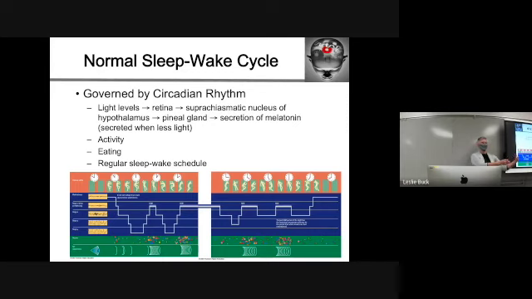You're supposed to break the fast by eating something first thing in the morning. If you get up in the morning and you don't eat anything, your circadian rhythm is like, I don't know. I'm not sure we're awake. And so the clock is going to get out of whack.